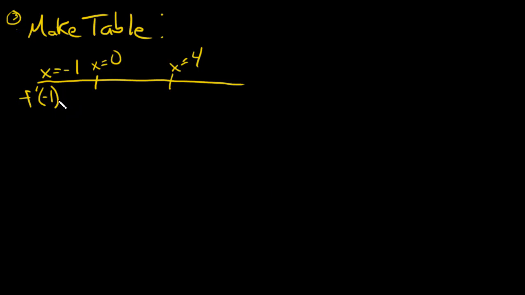So f prime of -1, well, I need my f prime function, so f prime of x was equal to 3x squared minus 12x. Okay, so I'll plug a -1 in. This is going to become a +1 when I square it, so 3 times +1 is 3, minus 12 times -1. Minus times a minus is a positive, so this becomes a positive plus a positive, which is a positive. And that means that the behavior is going to be going up. We're going to have a slope that is going up right there.